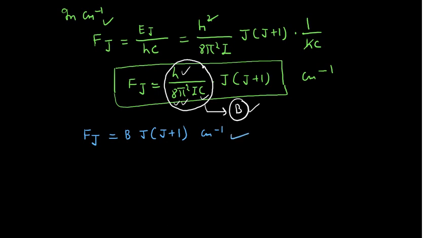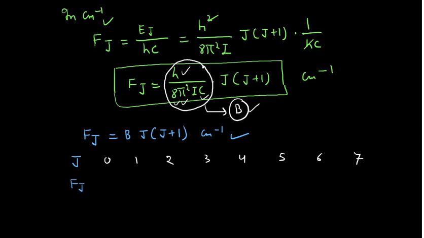So here you can calculate the various things. Say for example, here you can write the value of J, and here you can write the value of Fj. So J you can write as 0, 1, 2, 3, 4, 5, 6, 7, and then you can calculate the energy here.